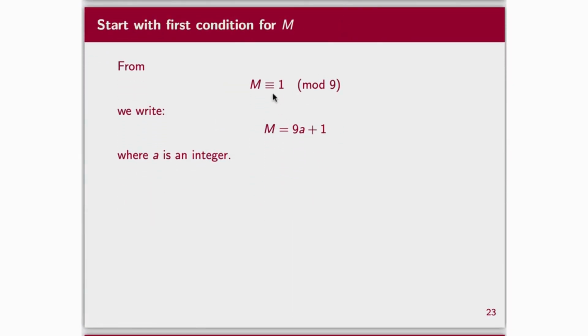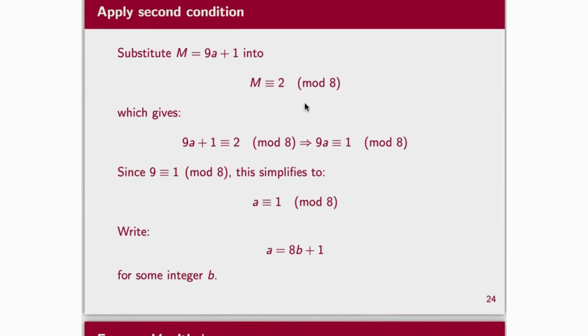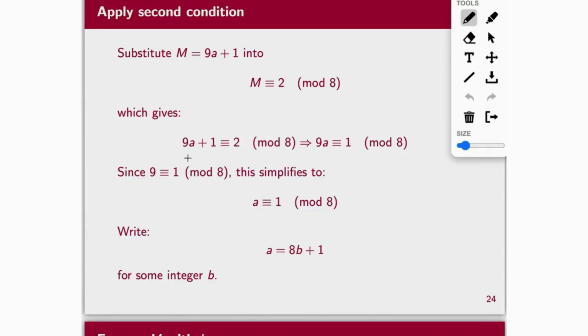So, M is congruent to 1 mod 9, which we can rewrite as M is equal to 9A plus 1. Moving on, we substitute that into the second condition. As you can see, right here is where we substituted, and then we subtracted 1 on both sides, leaving us with 9A is congruent to 1 mod 8.